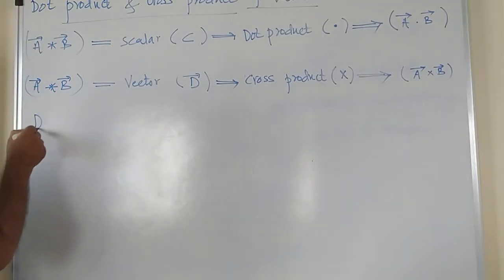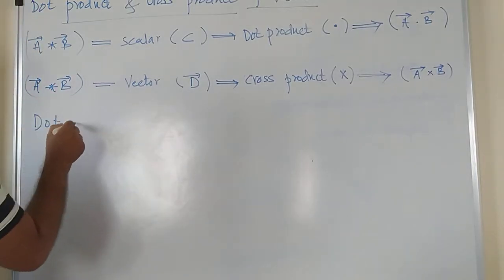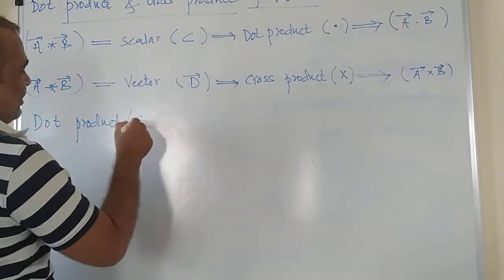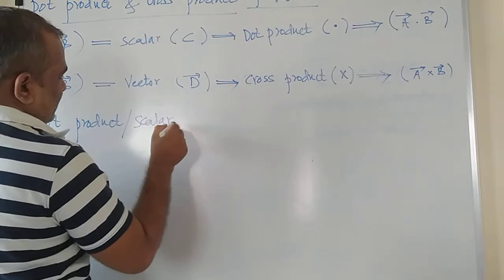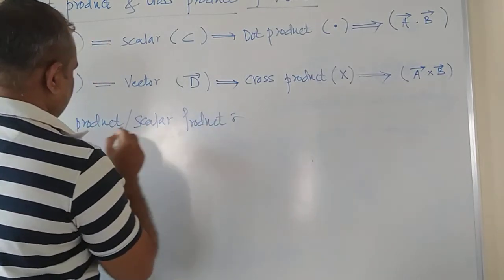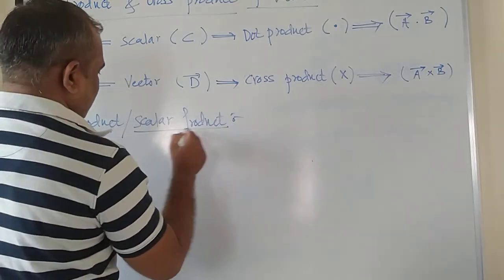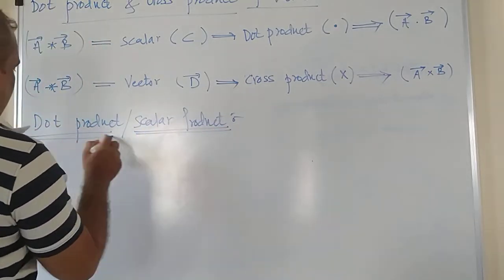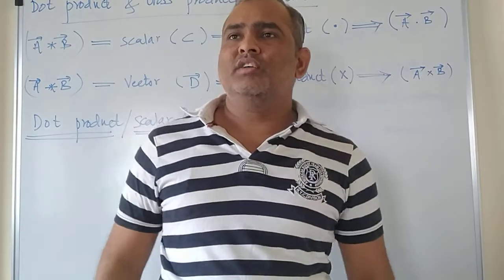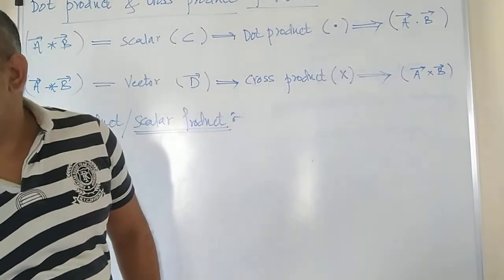Now the first product is the dot product. This dot product is also called a scalar product. Now again let us consider two vectors, a bar and b bar.